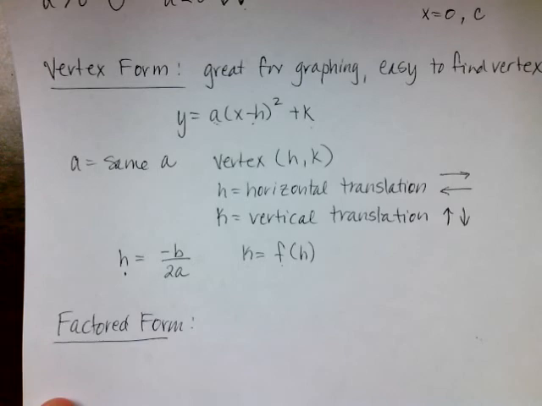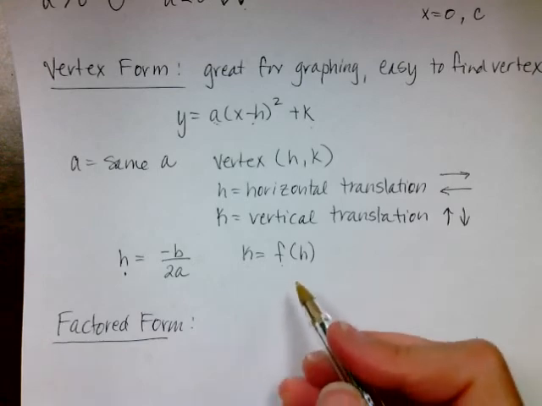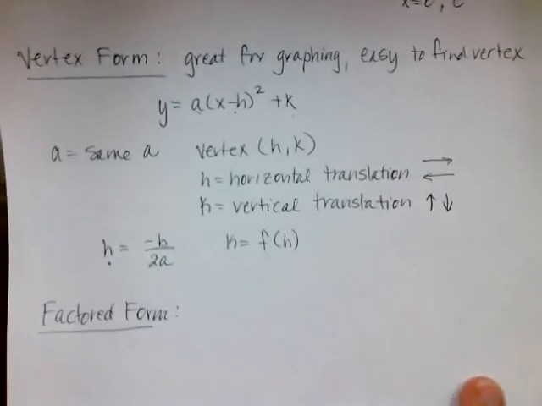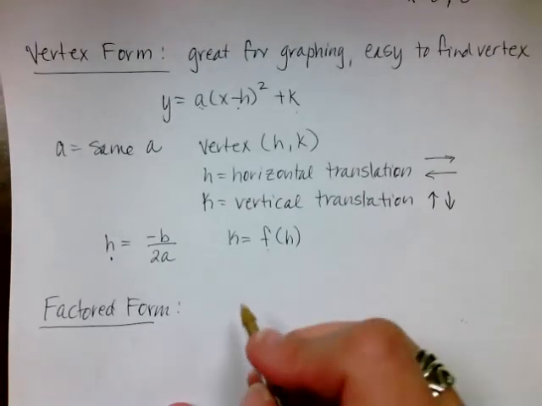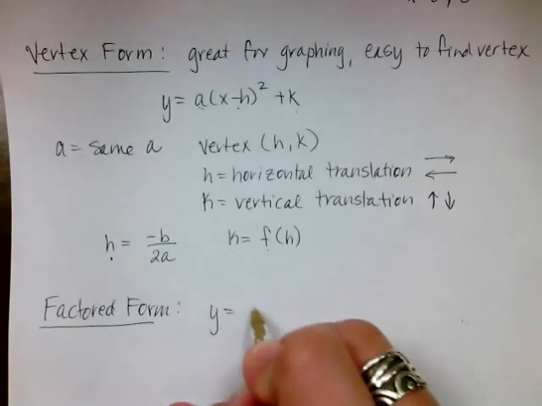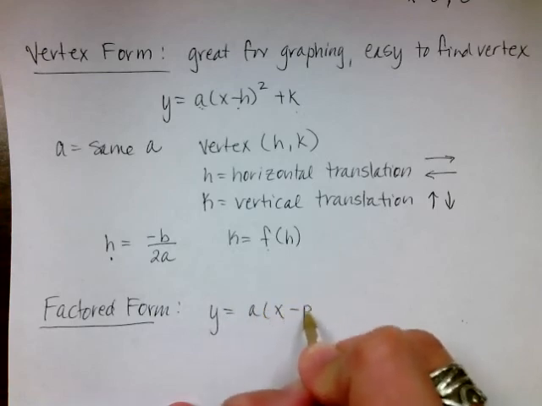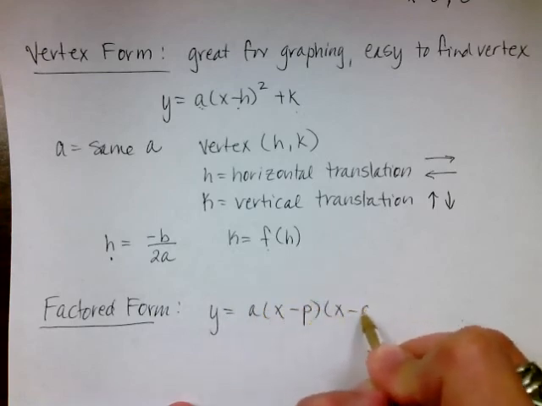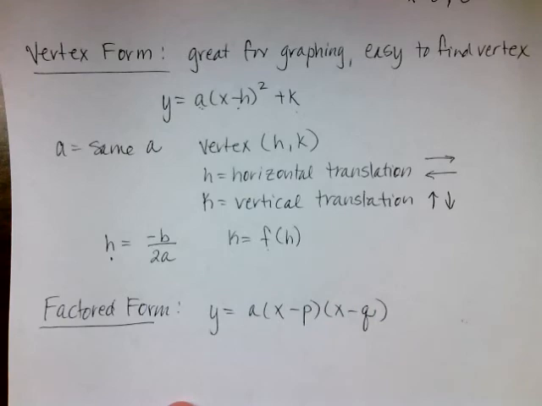It's called the factored form. And the factored form will have uses later, but for right now we're just going to use it to recognize the differences. All right, the formula for this is y is equal to a times (x minus p) and (x minus q). It's still the same a. So we're still managing the same a.